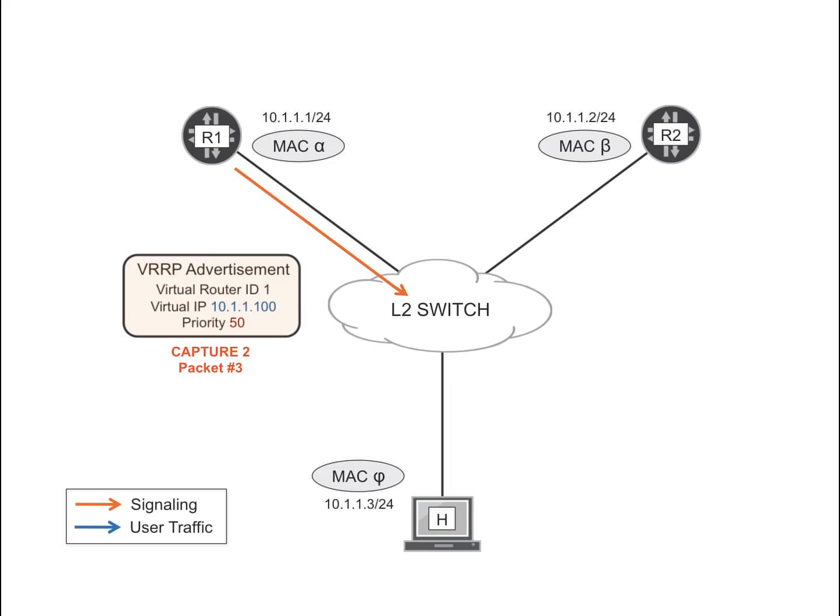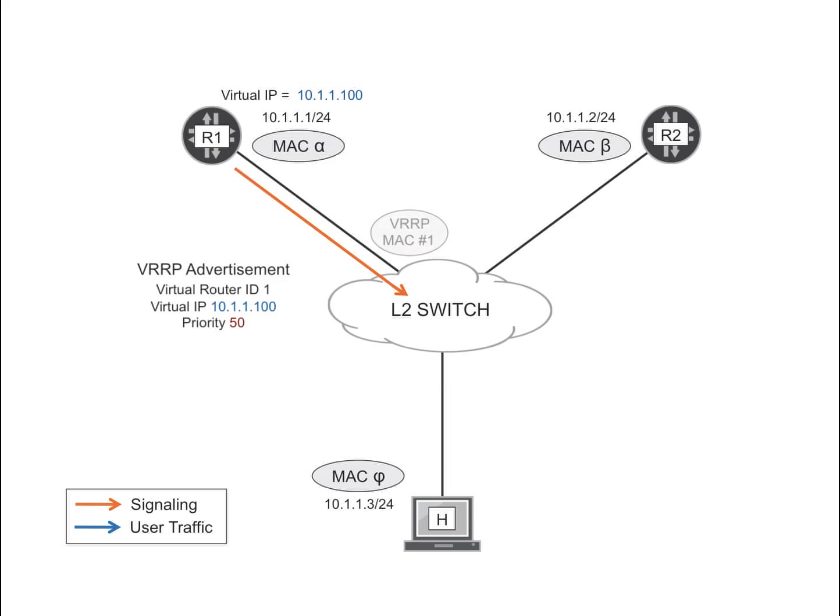In this case, the configured virtual router ID is 1, and the virtual IP address is 10.1.1.100. The VRRP packets are sourced from a virtual MAC address that is mapped from the virtual router ID. This IP to MAC mapping follows a fixed mathematical rule that is very similar to the rule you just saw for multicast addressing, with one important difference.